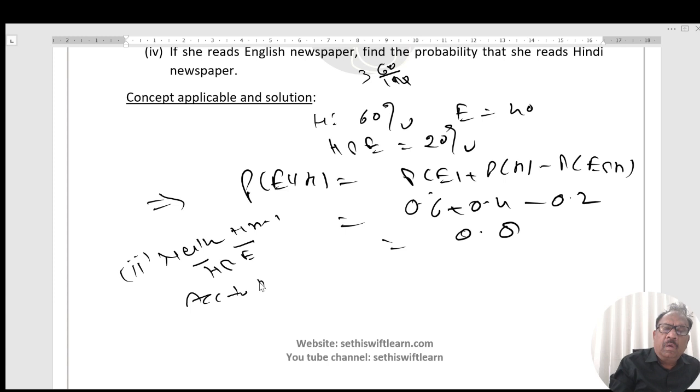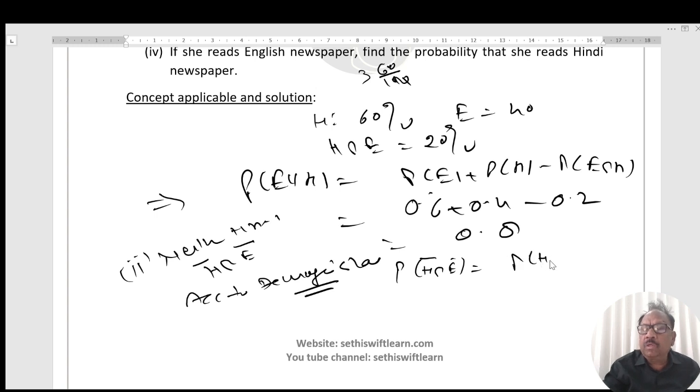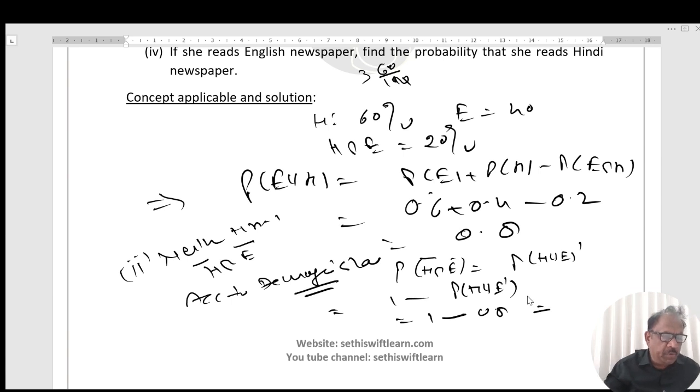According to De Morgan's law, P(H' ∩ E') = P((H ∪ E)') = 1 - P(H ∪ E) = 1 - 0.8, which comes out to be 0.2. That's one of the answers.